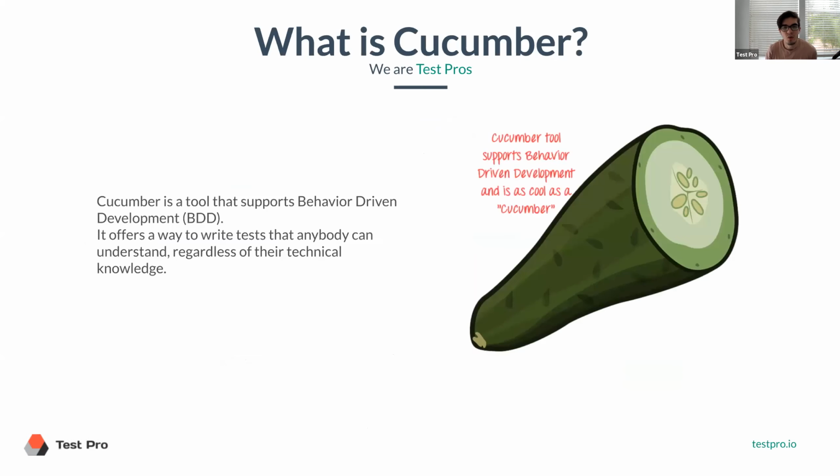And so what is Cucumber? I'm sure you've heard a lot about Cucumber, many companies use it. If you saw videos from our meetups, you probably noticed a lot of companies nowadays using Cucumber. Of course, it has its own pros and cons. But what's the main idea of Cucumber?